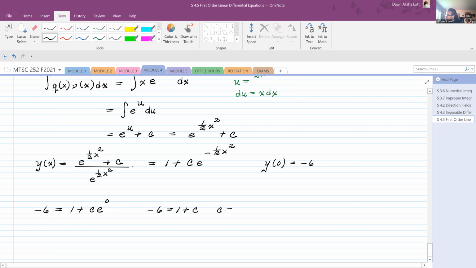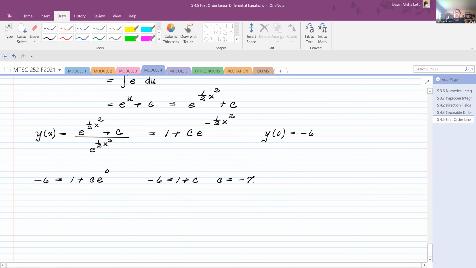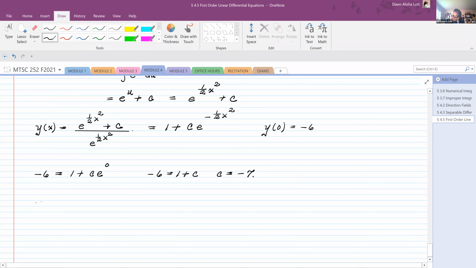So c is equal to -7. So now I've solved for c. Notice there's no more constants lurking because I had to solve for the constant. I get 1 minus 7 e to the negative 1/2 x squared. And that is the solution of the differential equation where I have to solve for the constant.